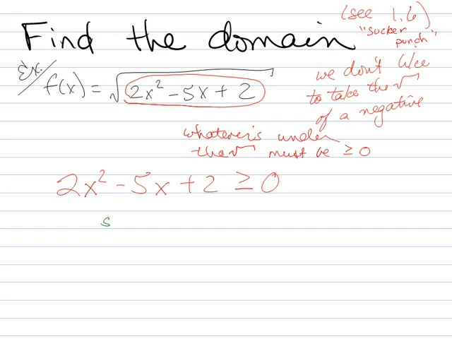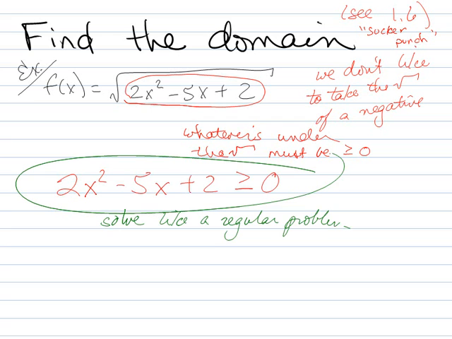Now once you have that, solve like a regular problem, just like we've been doing through the rest of this assignment, the rest of this section. I'm not going to go through that again because I think you've had to listen to this enough.